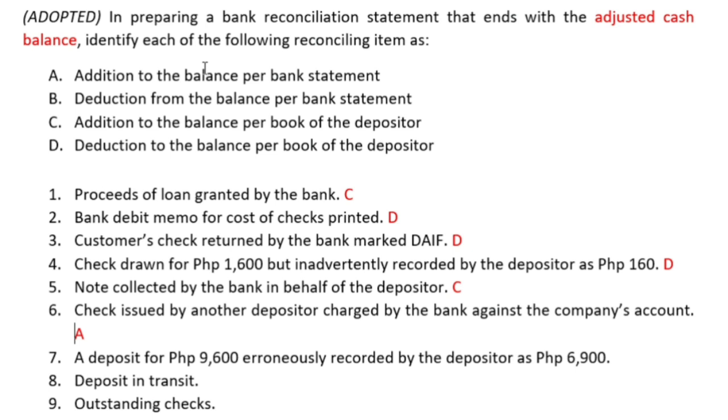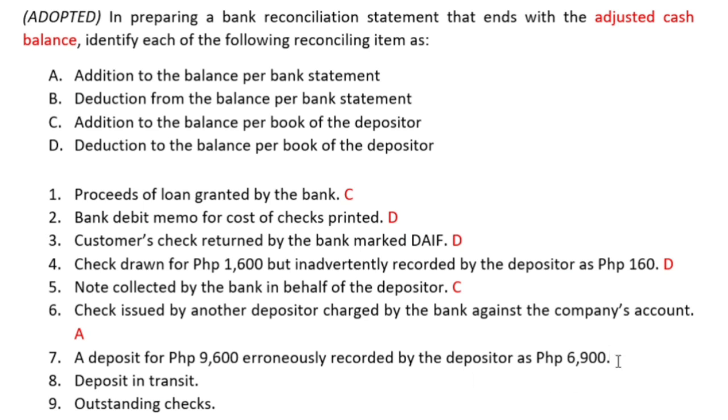Next, number 7, a deposit for 9,600 erroneously recorded by the depositor as 6,900. This is an example of an error on the side of the books. So this is book error. Erroneously, nagkamali na i-record na depositor, imbis na 9,600 yung deposit, ang na-record niya 6,900.